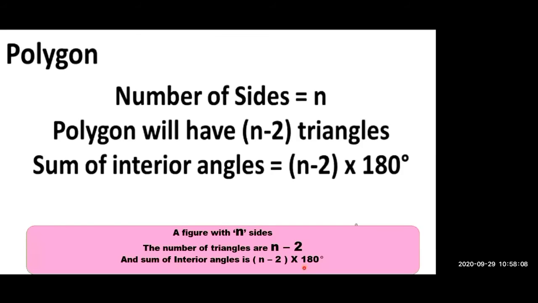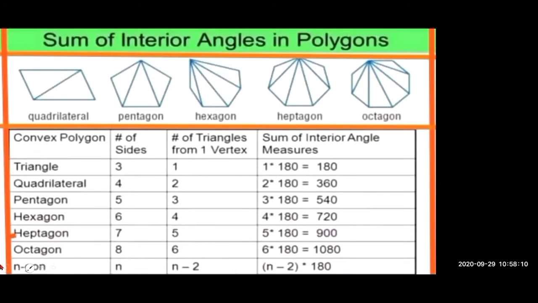Okay. So children, here is the table, sum of interior angles in polygons. Please take a screenshot. This is the answer of your question, textbook, page number 31. First polygon is triangle and sides are 3.